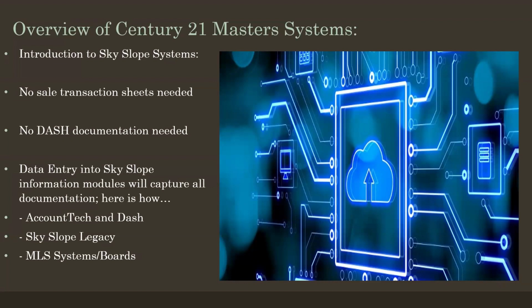So in order for this technology to communicate with each other, the data that is put into Skyslope will be critical, because that information then will be pulled in, aggregated into Caltech in order for the data that we need to communicate with all the systems in order for it to talk. So as a result of that, how the information moving forward is put into Skyslope will be very, very critical. And we'll get through that in a little bit.